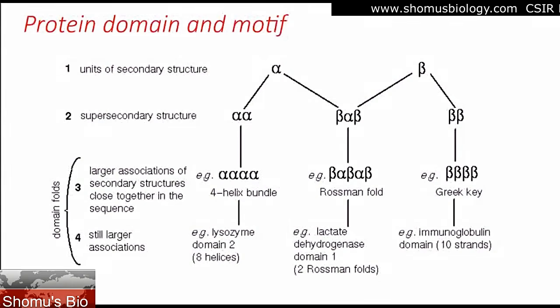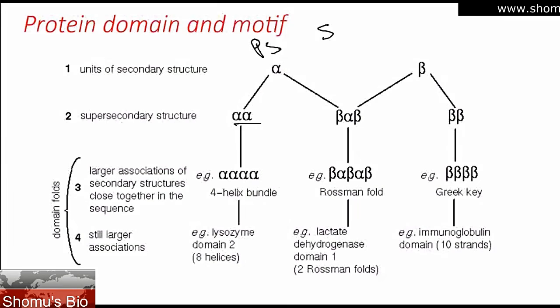So that's not the end, because we know the primary structure, and we know how the secondary structure is formed. Once a secondary structure is formed, that's not the end, because secondary structure is not a functional unit. They need to arrange these secondary structures, like alpha helix and beta sheet, together.